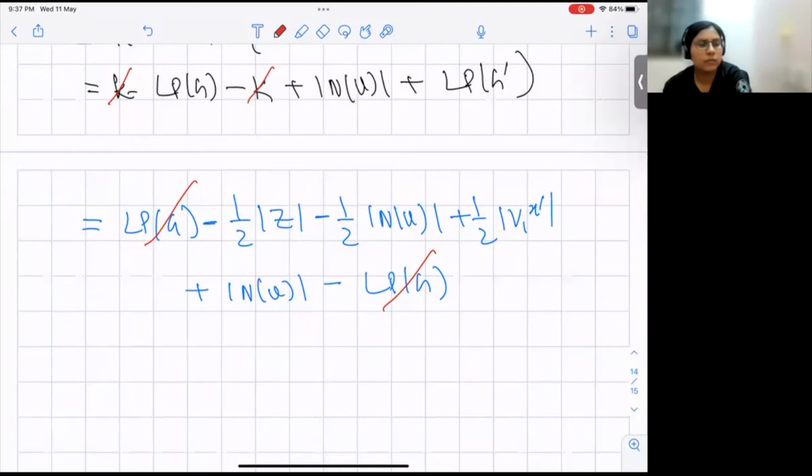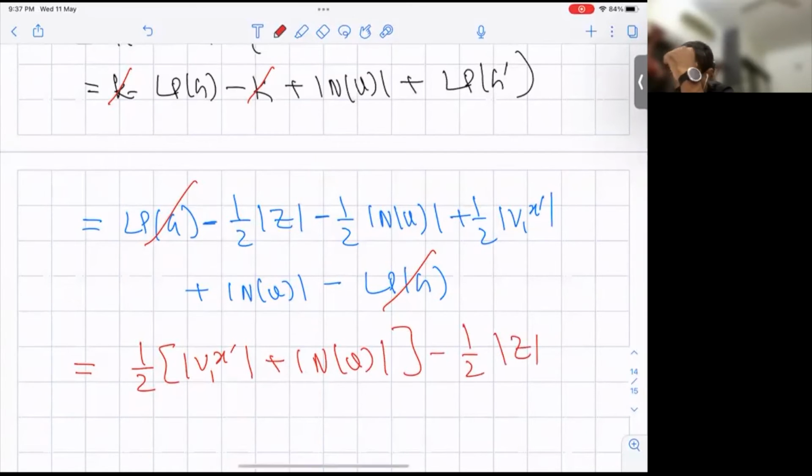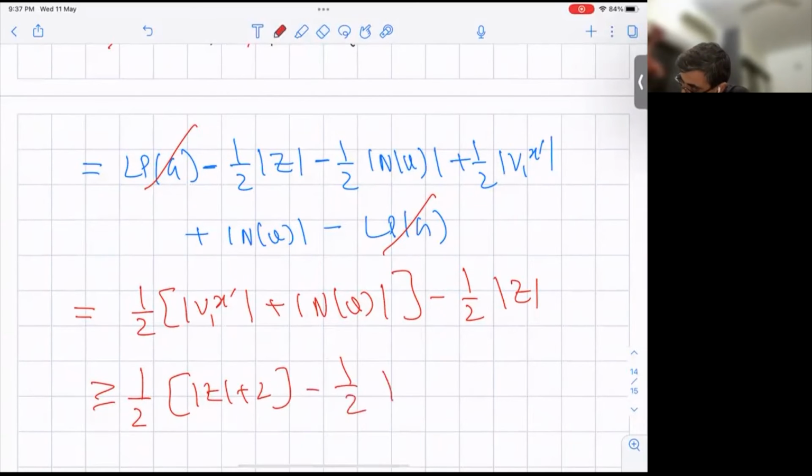Okay. Now, half V1 X prime plus N of V, right? Minus half of Z. Is that fine? And what is this quantity? At least, right?